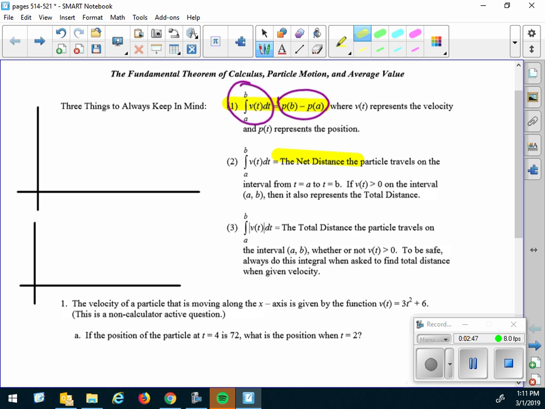So let's take a look at number 2, and I want you to just sketch a little picture over here. We're just going to make it where the part of the function between a and b is above the x-axis.